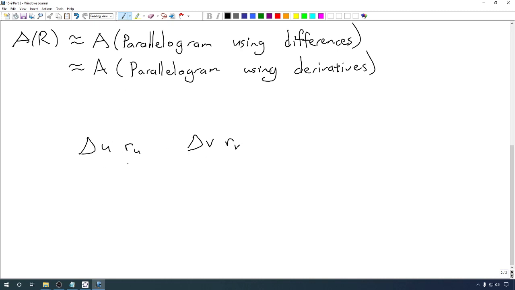Now, if we have two vectors and we want to find the area of the parallelogram determined by them, remember back in chapter 12 we had a formula for that. In fact, it is literally just the magnitude of the cross product. So we're taking this vector here crossed with this vector here.